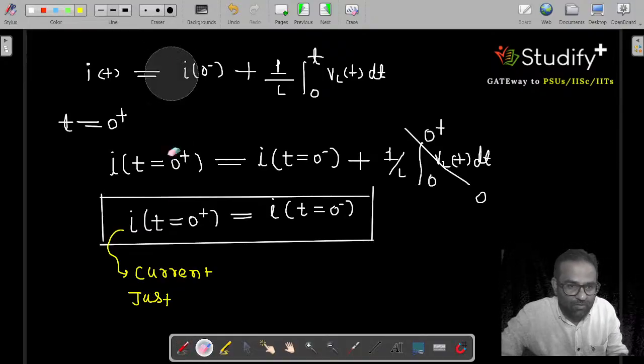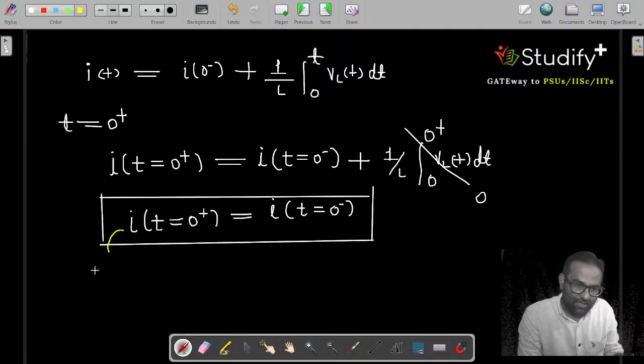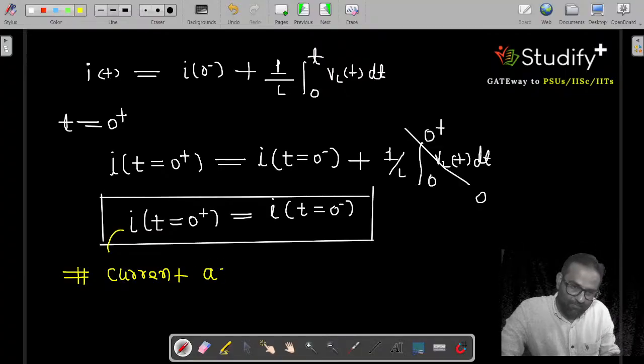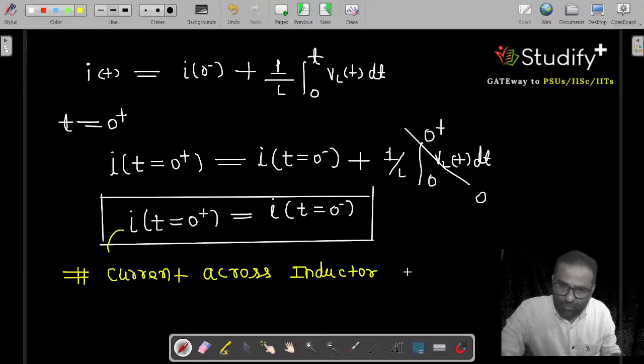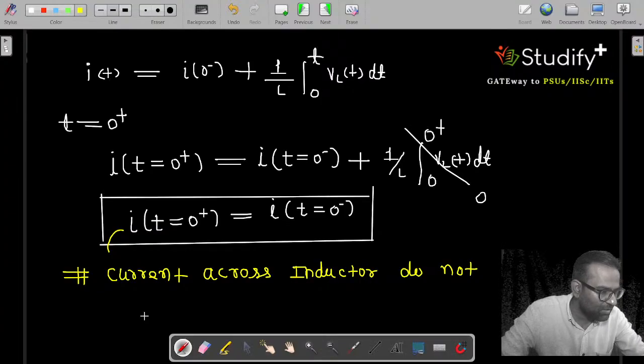A very important point: the current across an inductor does not change abruptly.